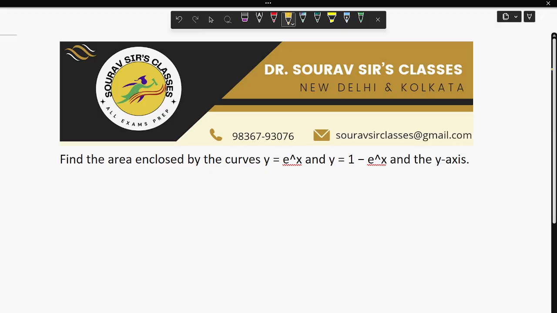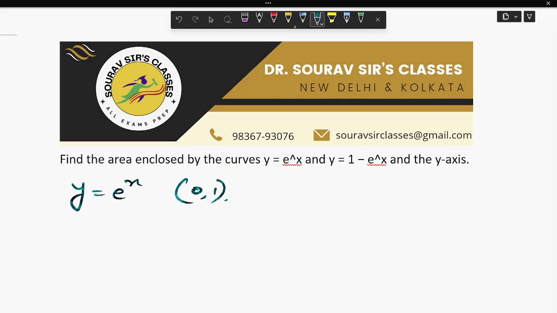So we are tasked with finding the area enclosed by the curves y equals e to the power x and y equals 1 minus e to the power x and the y axis. I have shown you how the curves will look. Our y equals e to the power x passes through the point (0, 1), because e to the power 0 is equal to 1, and it increases as x increases.